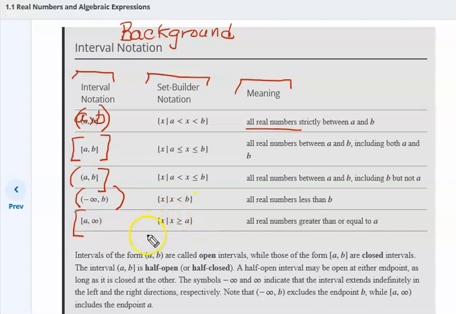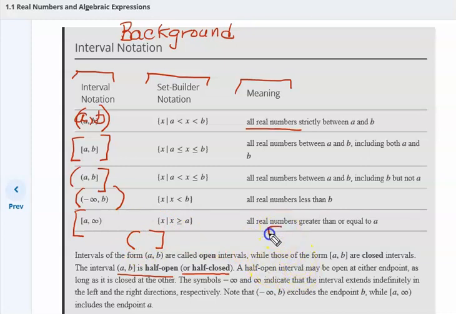Now, another item of vocabulary and symbolism, when we have something like a parenthesis and a bracket, we say that the interval notation is half open, or in a sense, half closed. Half because part of it is defined by being equal to some value there, the parenthesis indicating that is not included.